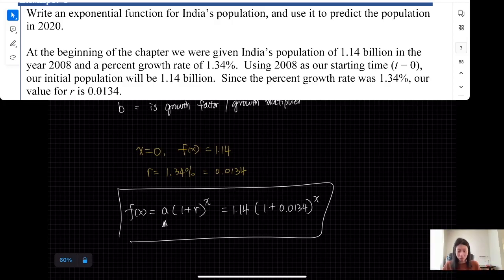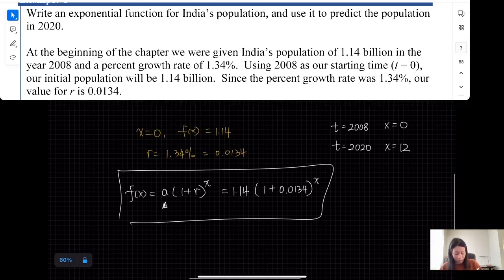And they want us to predict the population in 2020. Since we let 2008 be the initial value, when the time is 2008, x is equal to 0. So in year 2020, x is going to equal 12. That means I want to find f(12).